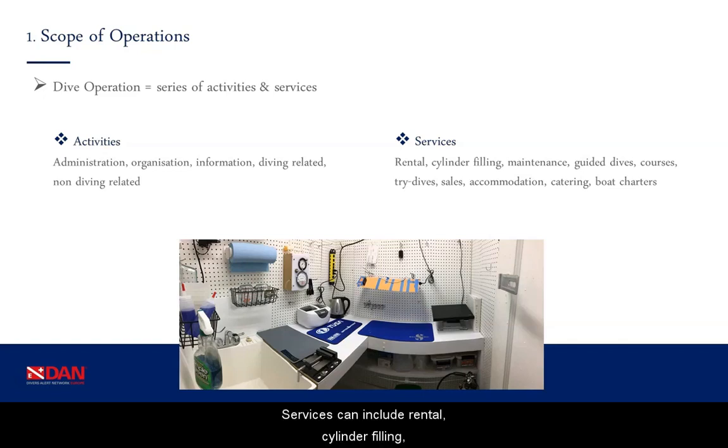Services can include rental, cylinder filling, maintenance, guided dives, courses, try dives, sales, accommodation, catering, boat charters, or other. The scope of operation is specific to your dive operation, and you will need to list all that you do or offer to your clients.